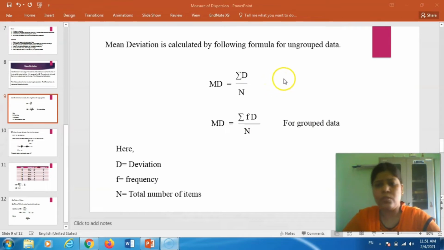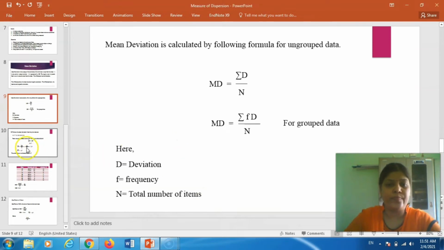So you have well understood what is meant by ungrouped data and grouped data. Here D means deviation, F means frequency, and N means total number of items.